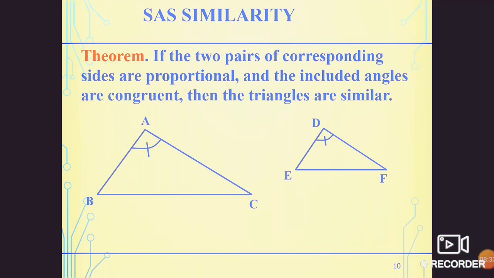Next is the SAS similarity rule. The theorem says that if any two corresponding sides of two triangles are in proportion, and the included angle, that is the angle between them, is equal, then the triangles are similar.